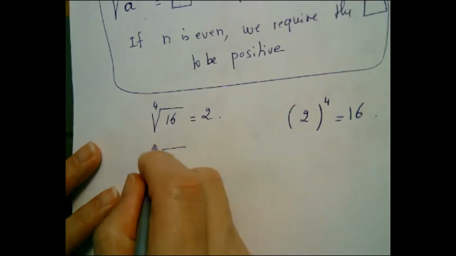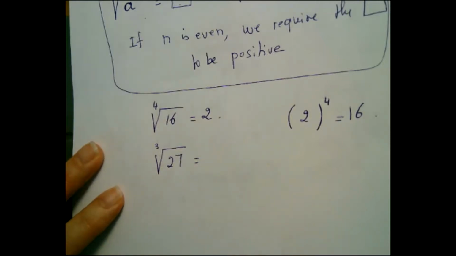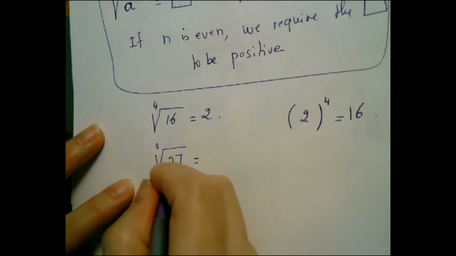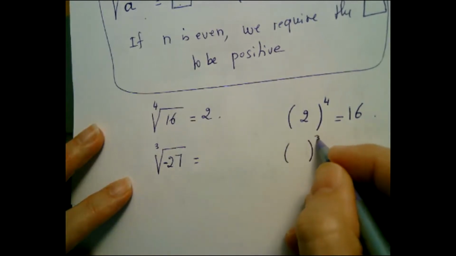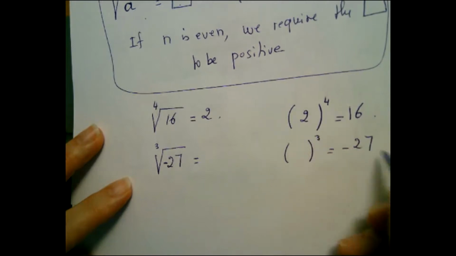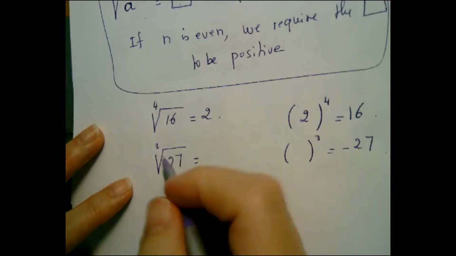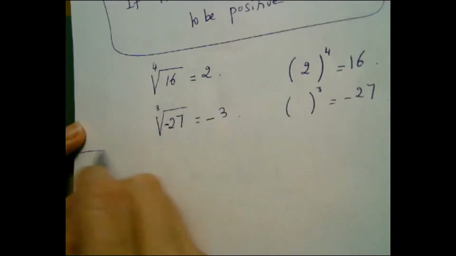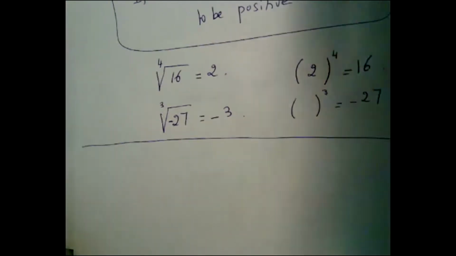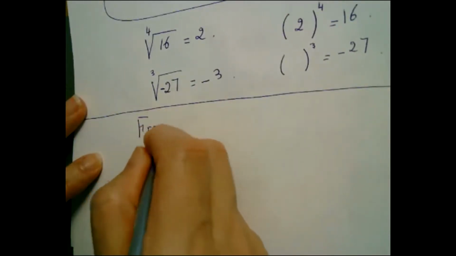Now, what is the cubic root of minus 27? Again, which number, when you raise it to the power 3, gives you minus 27? Exactly, that's the minus 3. So that's the nth root of a number. This is going to bring up the other kind of exponent that we call the fractional exponent.